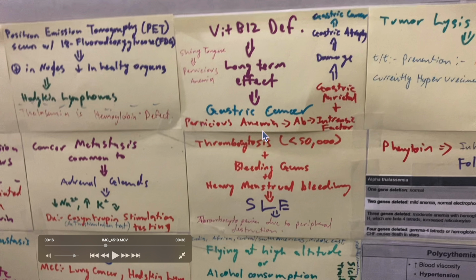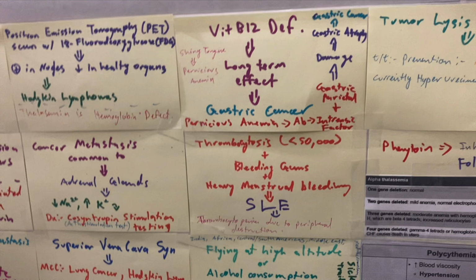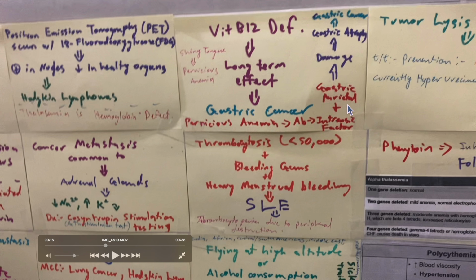Okay, and in pernicious anemia, antibodies will attach to intrinsic factor, and it will cause gastric parietal atrophy or whatever, and then damage, gastric atrophy, right? And that will lead to gastric cancer. So that's where you get vitamin B12 to gastric cancer. All right.